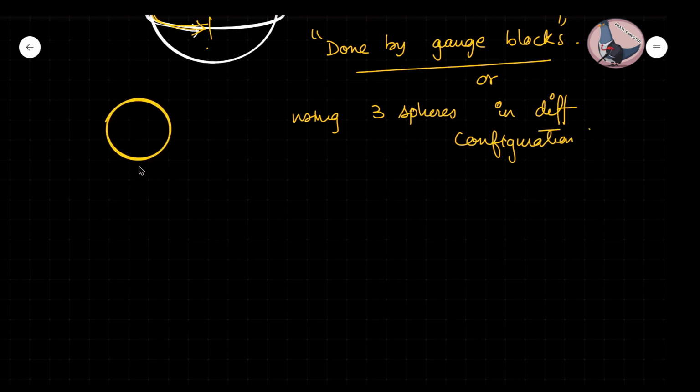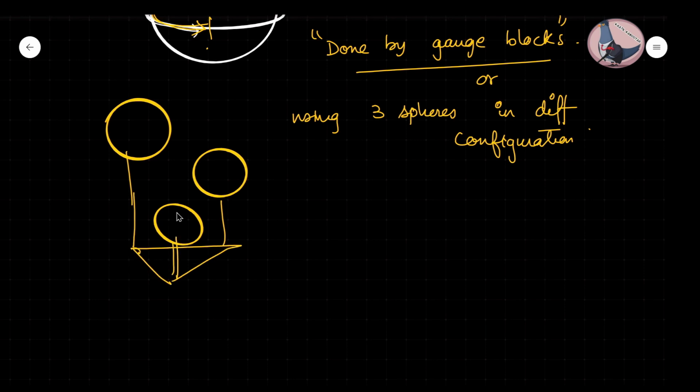There will be three spheres at different locations and at different heights in space. The probe will come and touch at different points, and then they will have an idea of bidirectional length measurements.